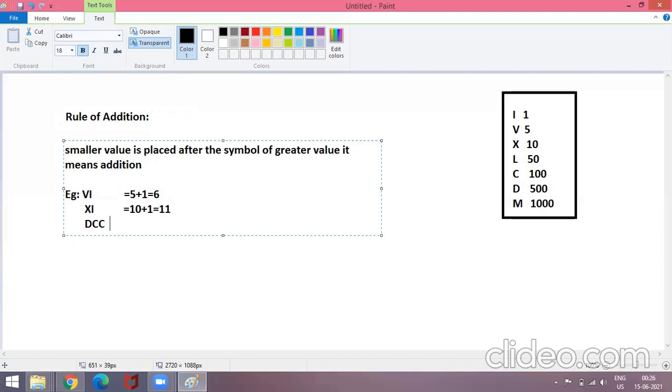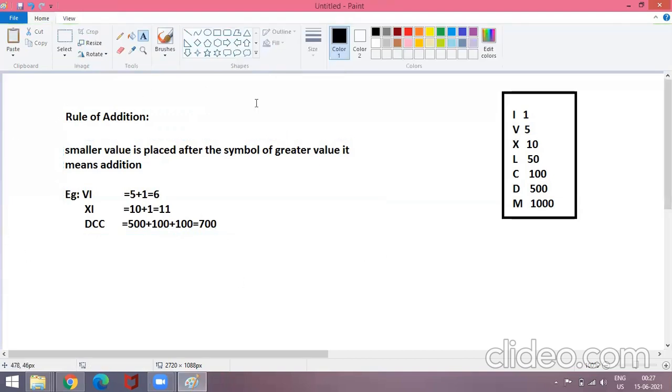Again, even in this case, the symbol of smaller value comes after the symbol of greater value. Value of D is 500 and that of C is 100. So it is added. So 500 plus 100 plus 100, which adds up to 700. So these are the rules which have to be kept in mind while working on your Roman numerals.